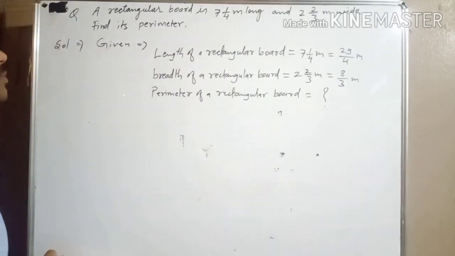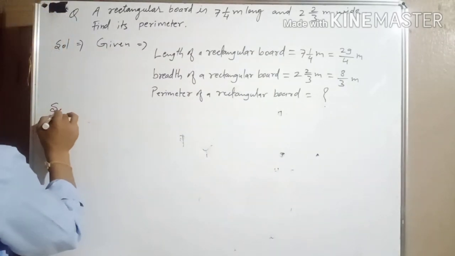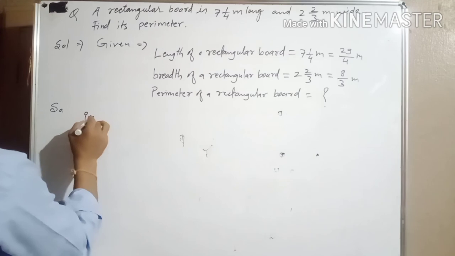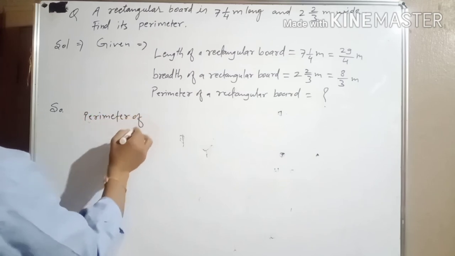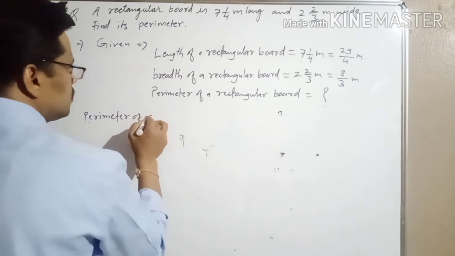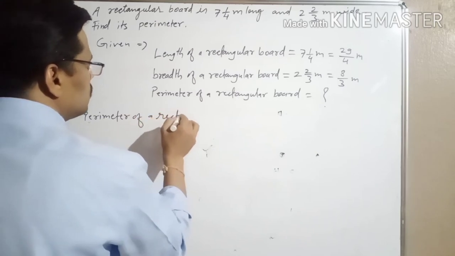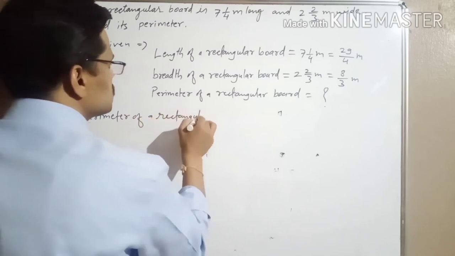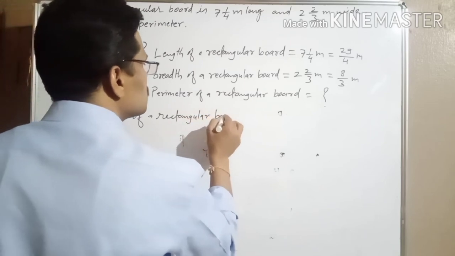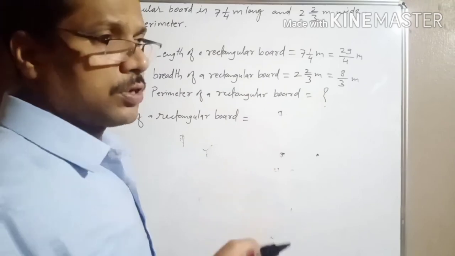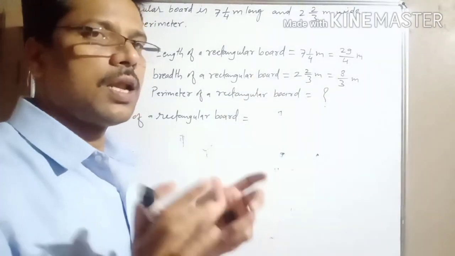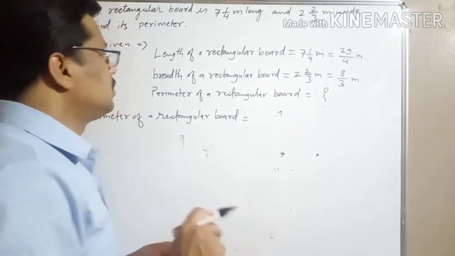We know the formula. We can write here, the perimeter of a rectangular board is equal to, you know the formula. What is the formula to find out the perimeter of a rectangle? 2 into bracket length plus width.